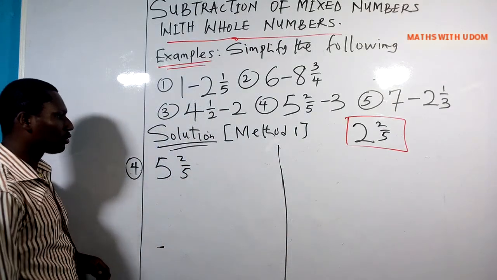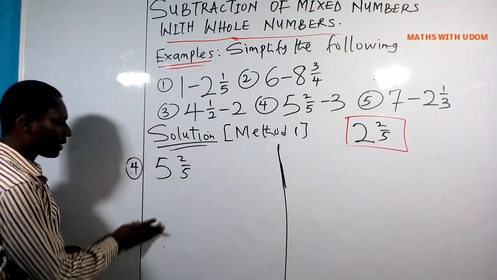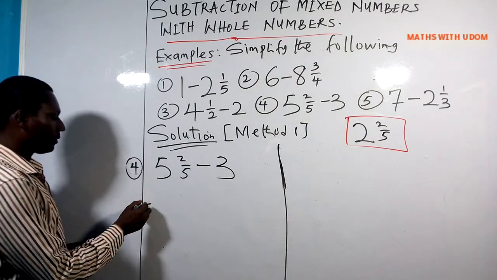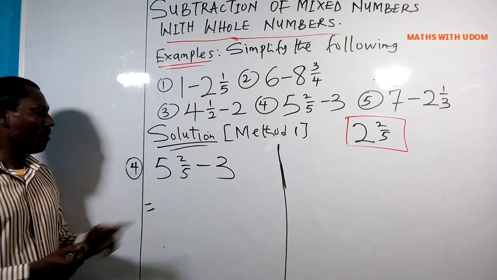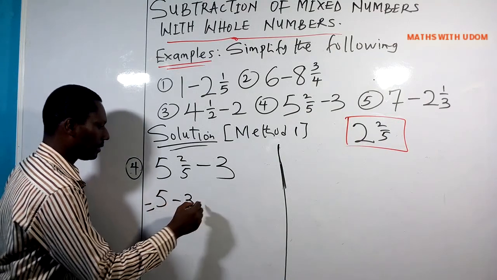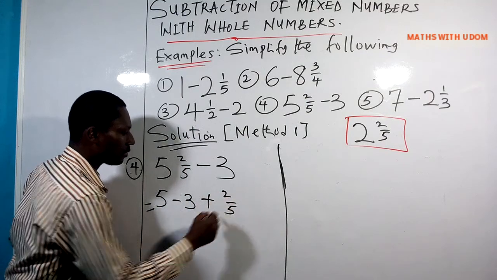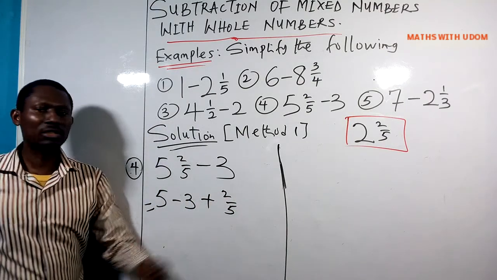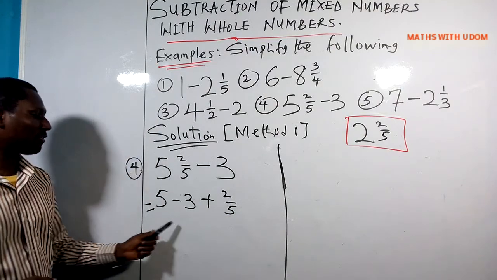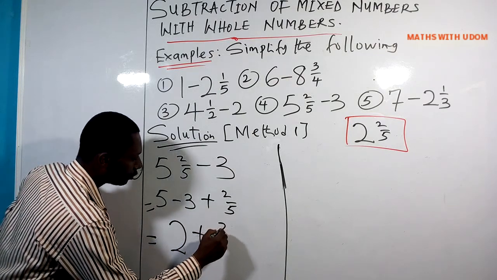Alright, so for method 2, we are going to subtract the whole part from the whole part, and we'll subtract fractional part from fractional parts. Okay? So what is the whole part here? 5. 5 take away 3 plus the fractional part 2 over 5. Minus nothing. Okay? So 5 take away 3 will give us 2. 2 whole number plus 2 over 5.